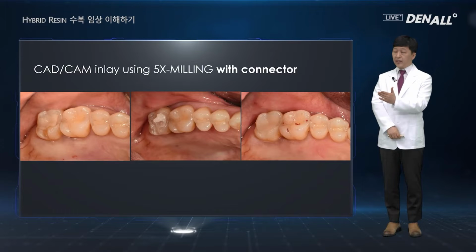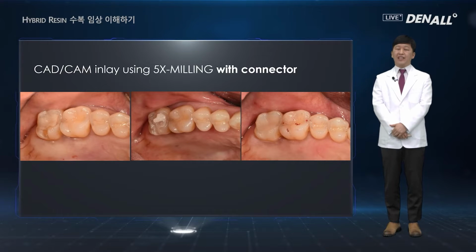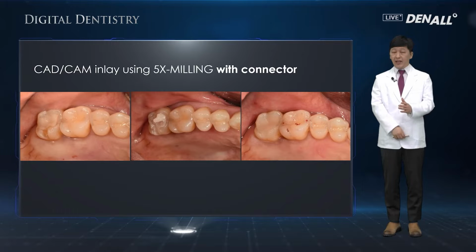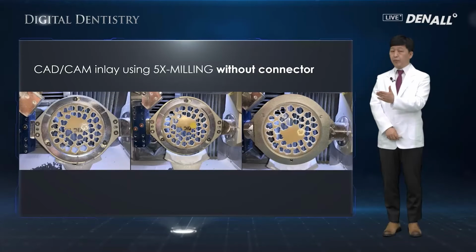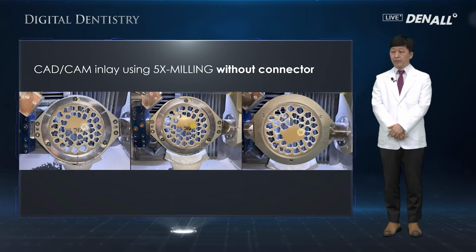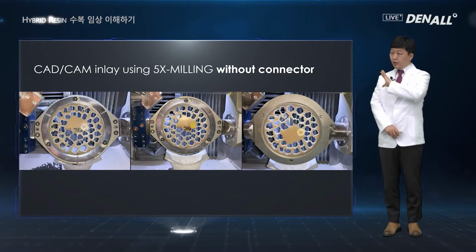Recently, as shown, a new method has been introduced without sprue or connector, and this is called the investment method. You cut half of the inlay thickness first, and you invest it using plaster.